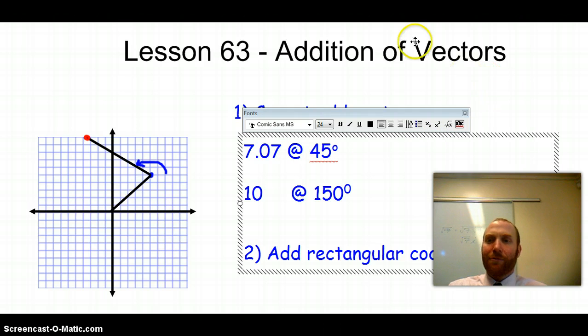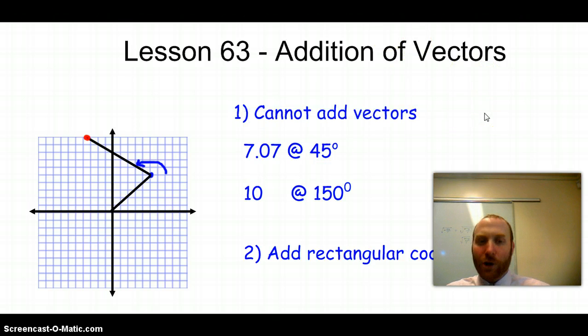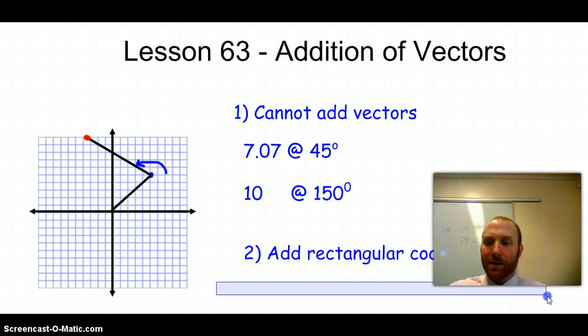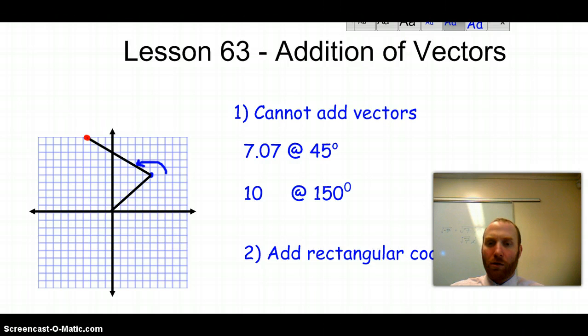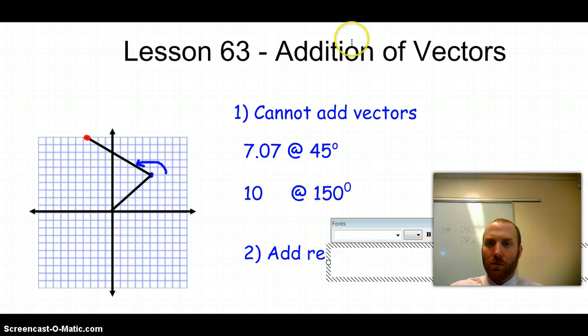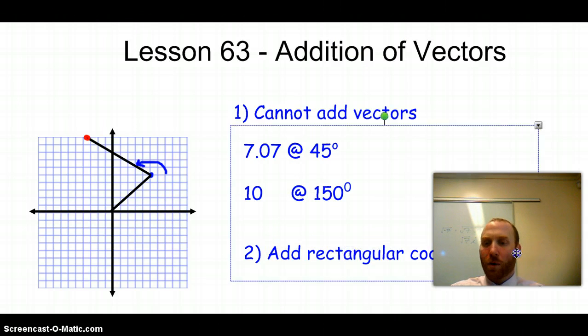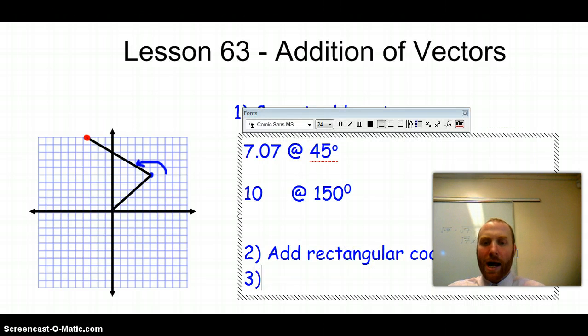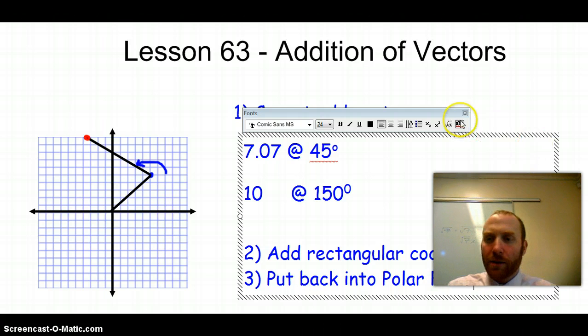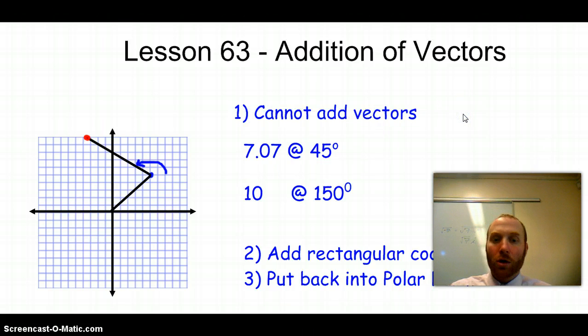So then your steps are definitely going to be: convert each vector to its rectangular form, then add those rectangular coordinates, and lastly, you're going to want to put this back into polar form, because I want to know the relationship between where I am and the origin. And again, please let me remind you that polar form and vector form are synonymous.